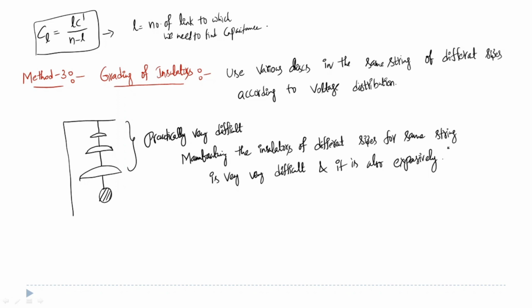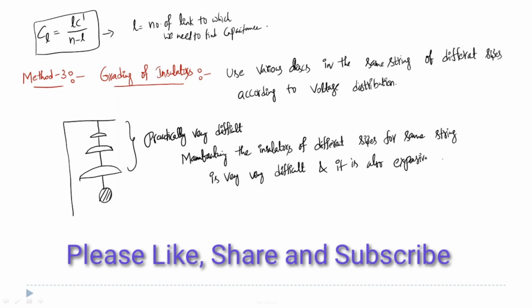So when an industry has equipment of different types, it is very difficult to maintain it. That is the reason why I am saying that manufacturing the insulators of different sizes for the same string is very difficult, and it is also expensive.